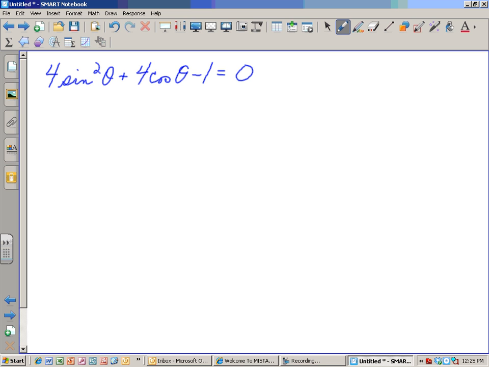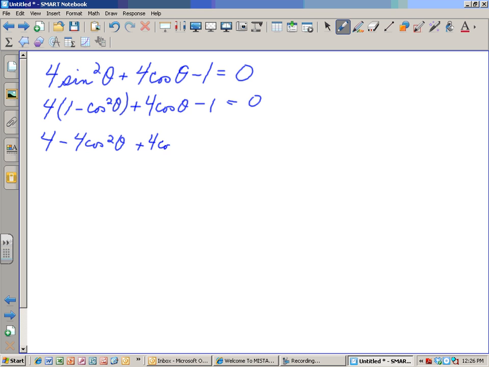So the first thing we want to do, cosine theta, I can't do much with it. But I could take sine squared, and I could write sine squared as 1 minus cosine squared. Okay. So now I've got everything in terms of cosine. Distribute the 4. 4 minus 4 cosine squared plus 4 cosine minus 1 equals 0.